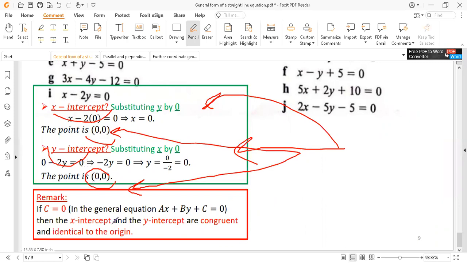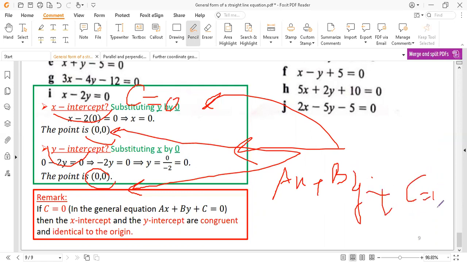Because when we have c equal to 0 in the general form, ax plus by plus c equal to 0, when we don't have this constant c, like in this case, x minus 2y equal to 0, then the x-intercept and the y-intercept are identical and congruent to the origin.